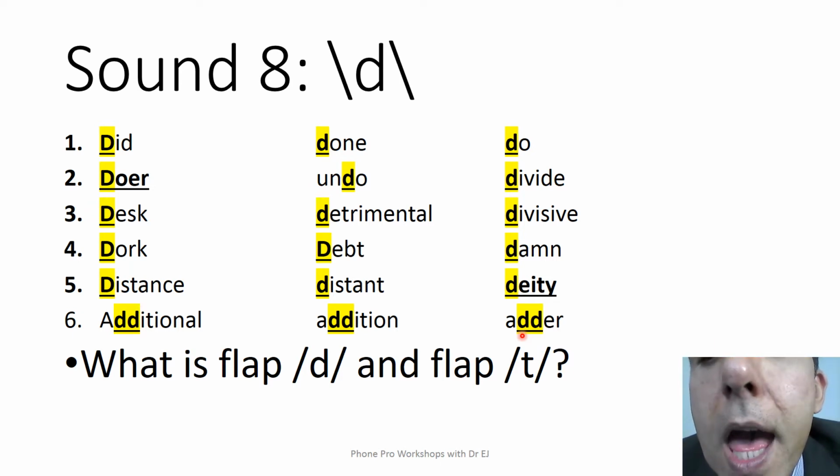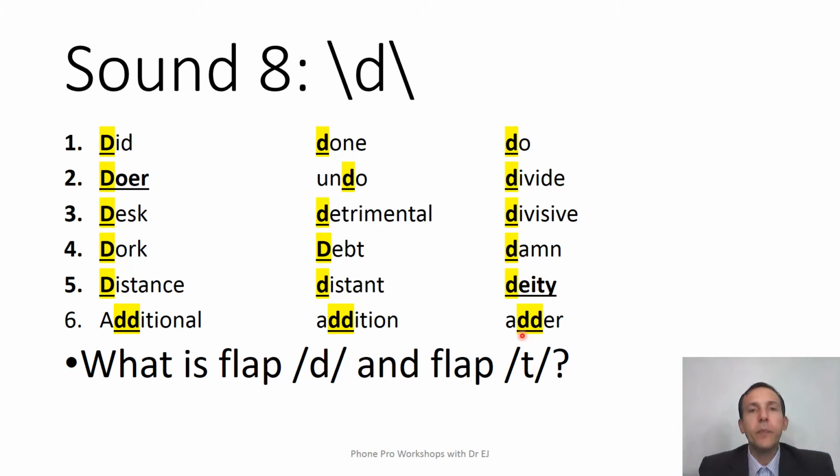Let's go to the following slide, and then I will explain what flap D and flap T mean.